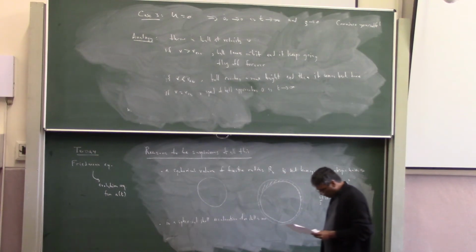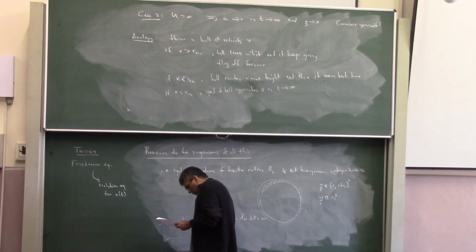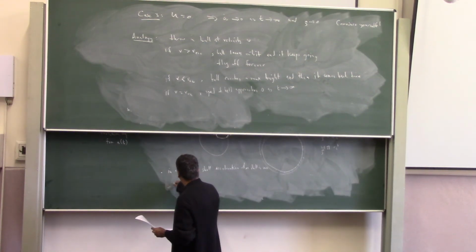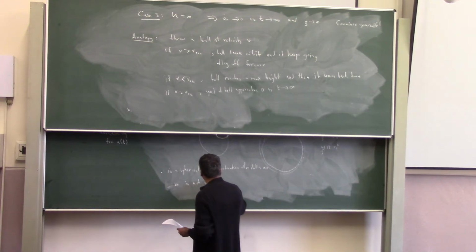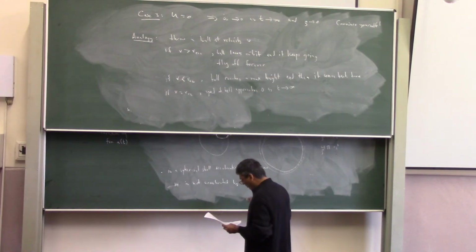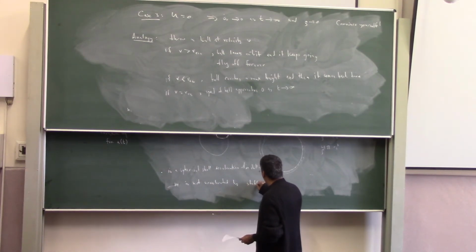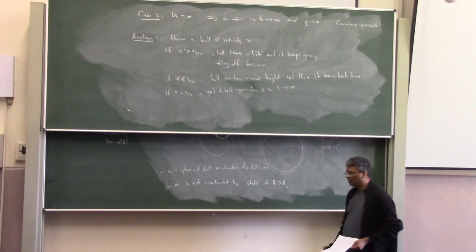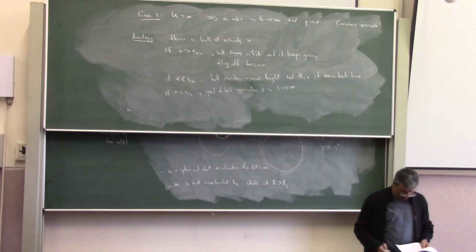So this tells us that some mass is not accelerated by stuff at radius r bigger than Rs. So that's just kind of weird.